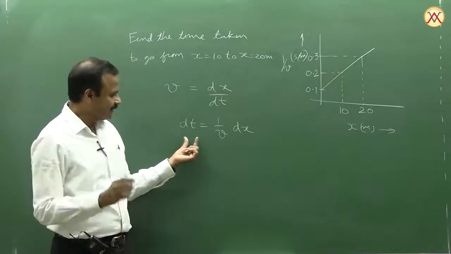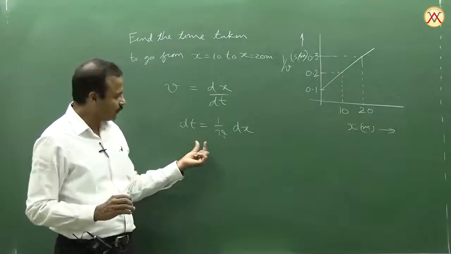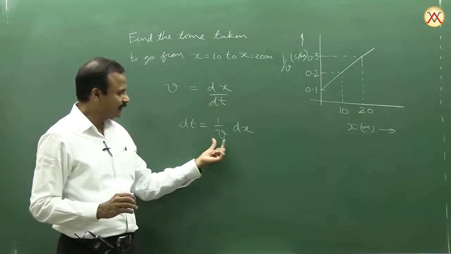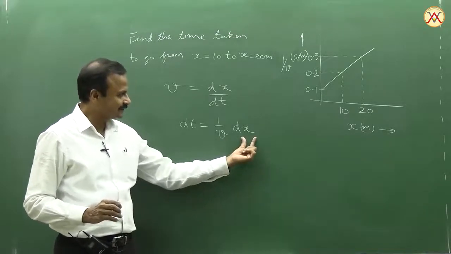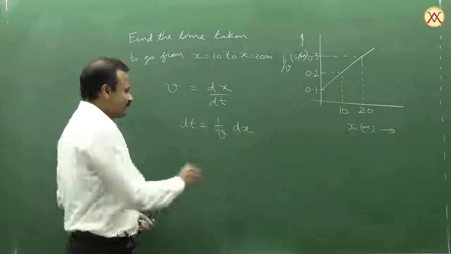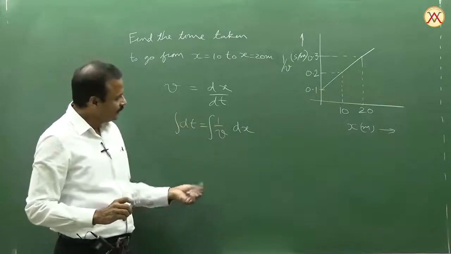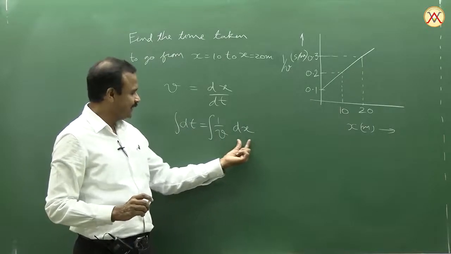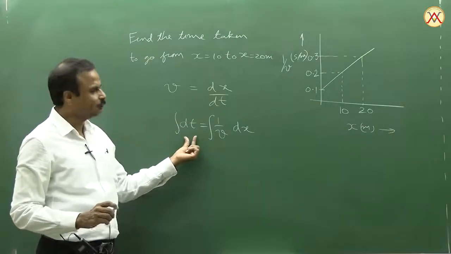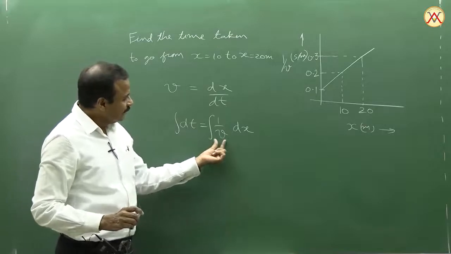Now, this is the relation that we are looking for, that we want to get time in terms of reciprocal of velocity and x. So if I just integrate this, I will get the required time. Integral of 1 upon v dx gives me the time duration. Now what is this?